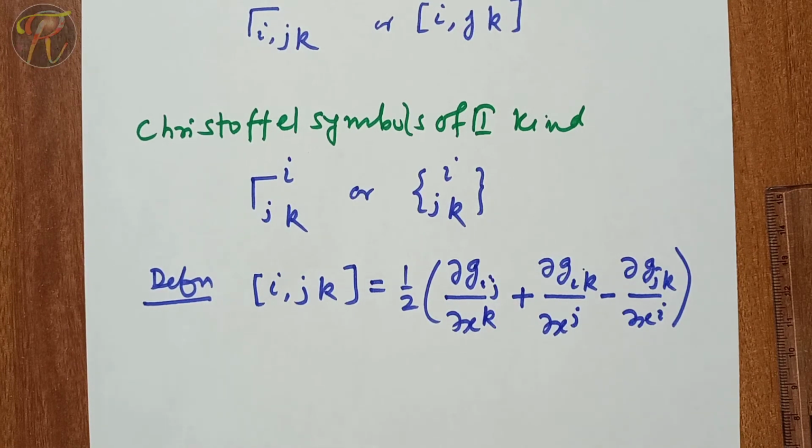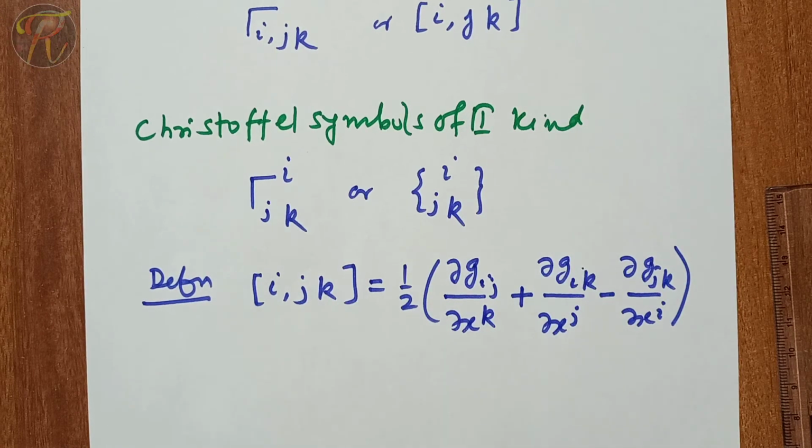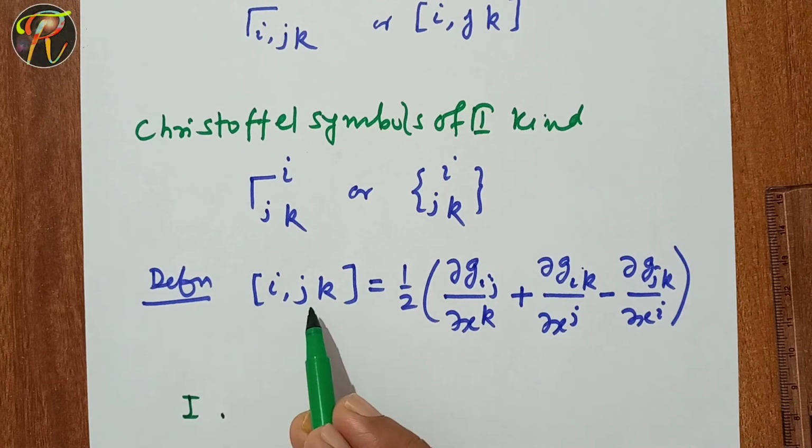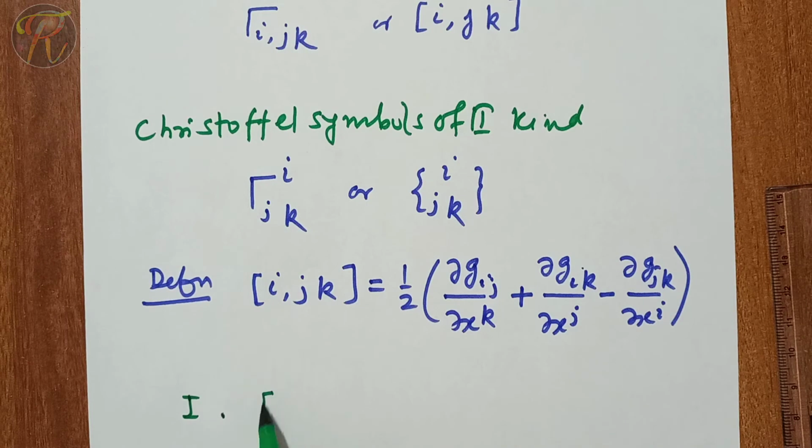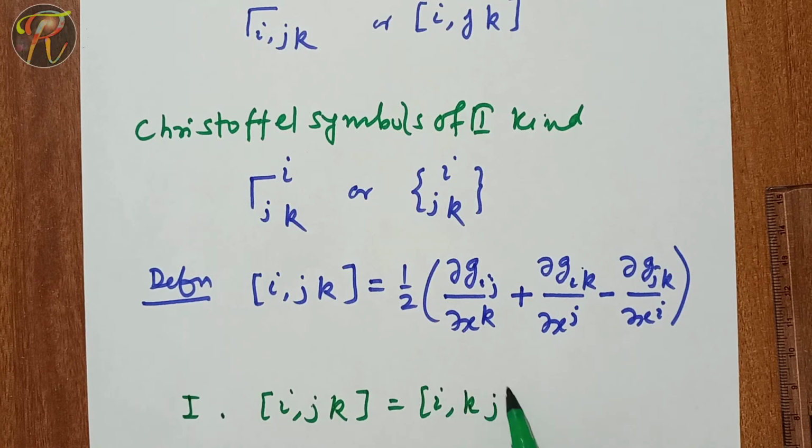Now I want to explain some properties of Christoffel symbols of the first kind, which are very easy. The first property is [ij,k] equal to [ik,j], means these are symmetric with respect to j and k.